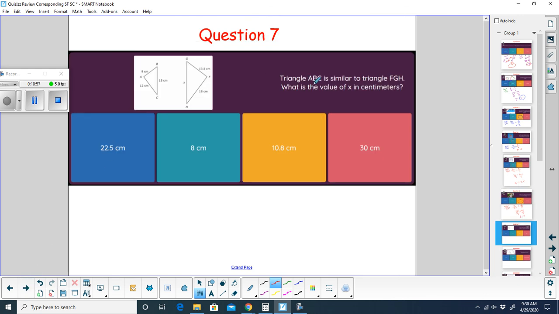Triangle ABC is similar to triangle FGH. What is the value of X in centimeters? So we're going to use a couple different colors. I just kind of want to show you here, these two sides that aren't the straight length. You can tell this side corresponds here.